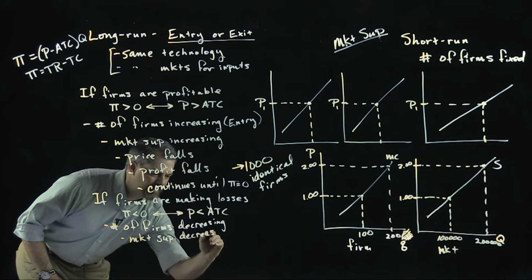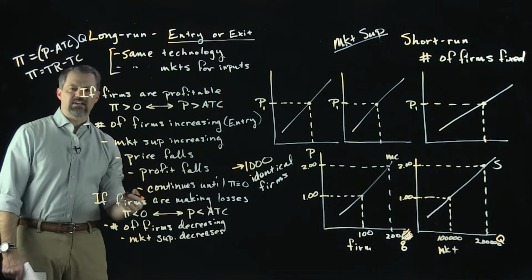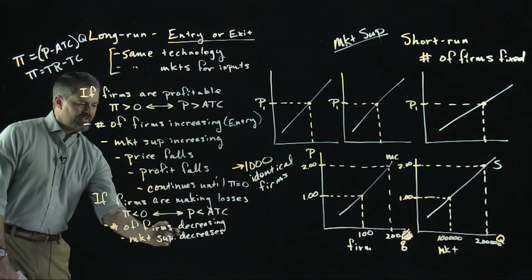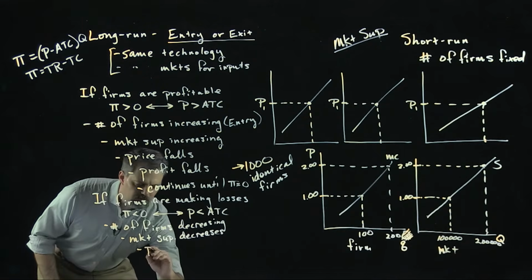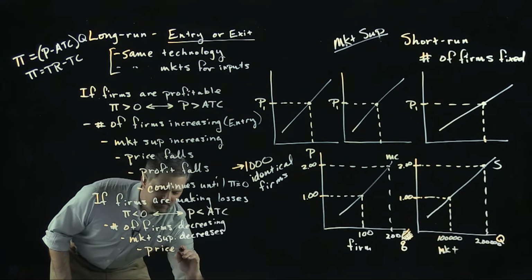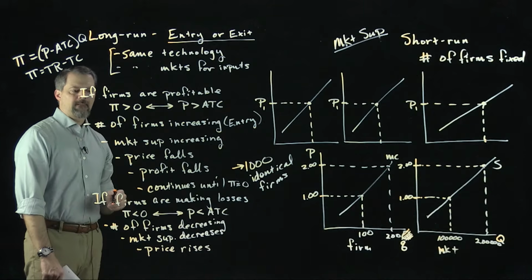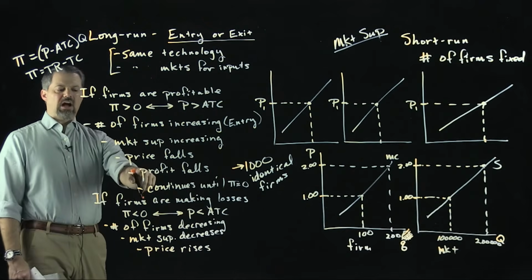Now, if you think about what effect that has, if the market supply curve is shifting to the left, that's going to be driving price up. So market supply decreases, that causes our price to rise. Market price rises. If the market price is going up, then profit rises.